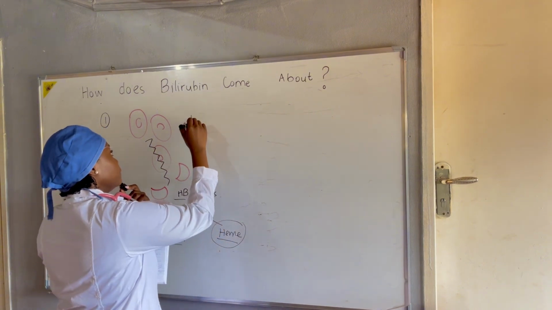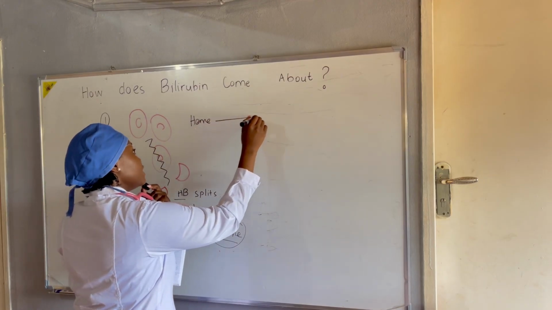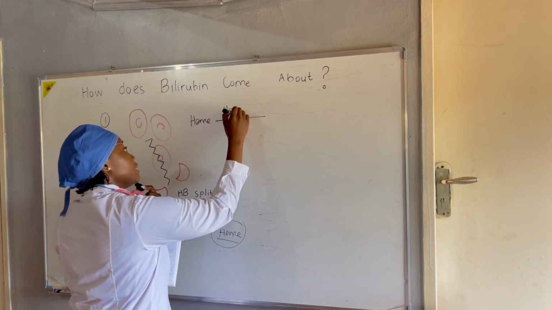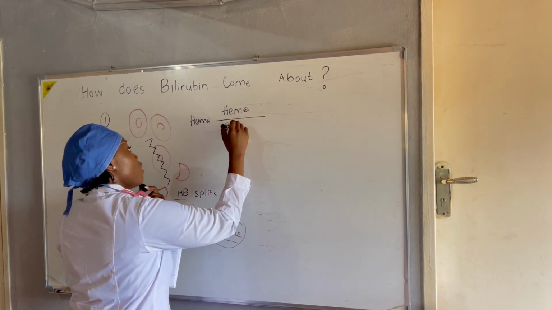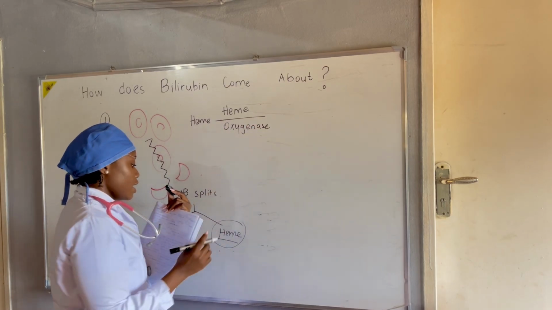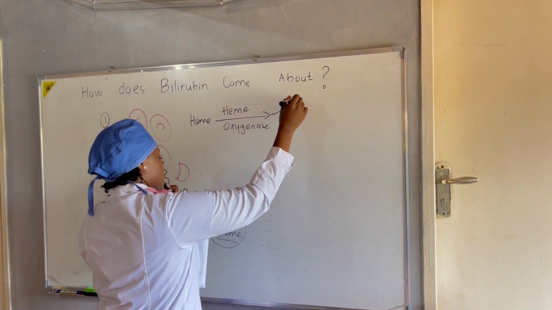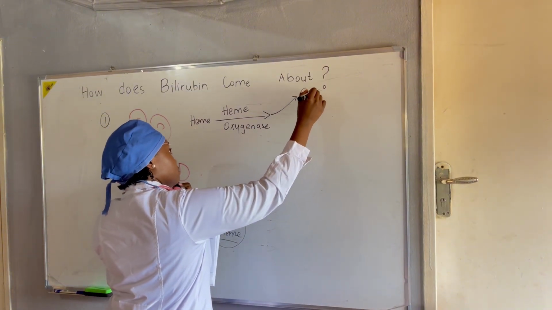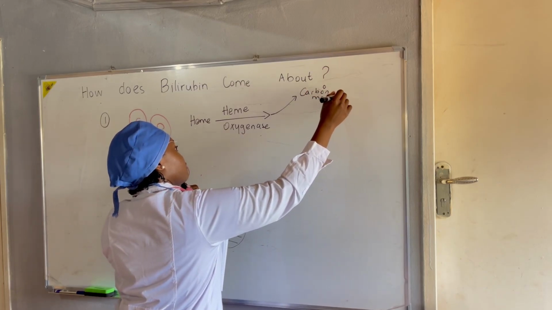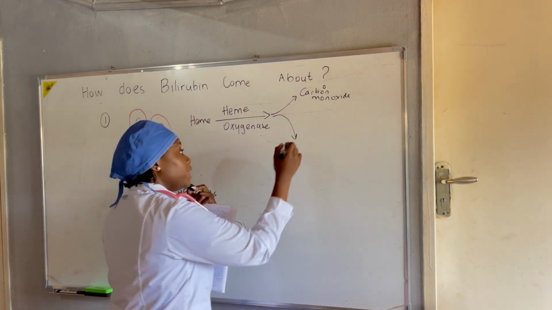So heme will be metabolized by an enzyme called heme oxygenase. And what does that bring out? It'll give out carbon monoxide and it will also release biliverdin.